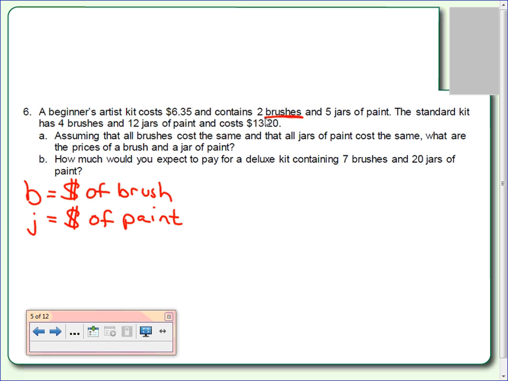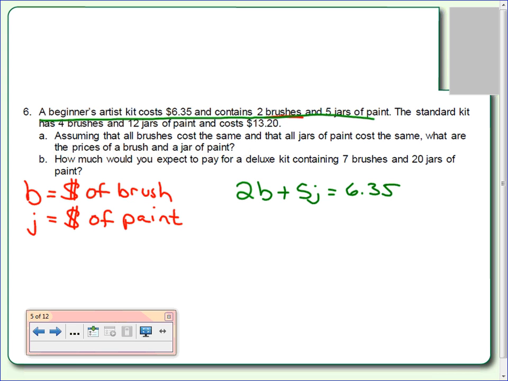The first equation comes from the very first sentence. It says the first kit costs $6.35. What does that kit have? 2 brushes and 5 jars of paint. So the equation is 2B plus 5J equals 6.35.